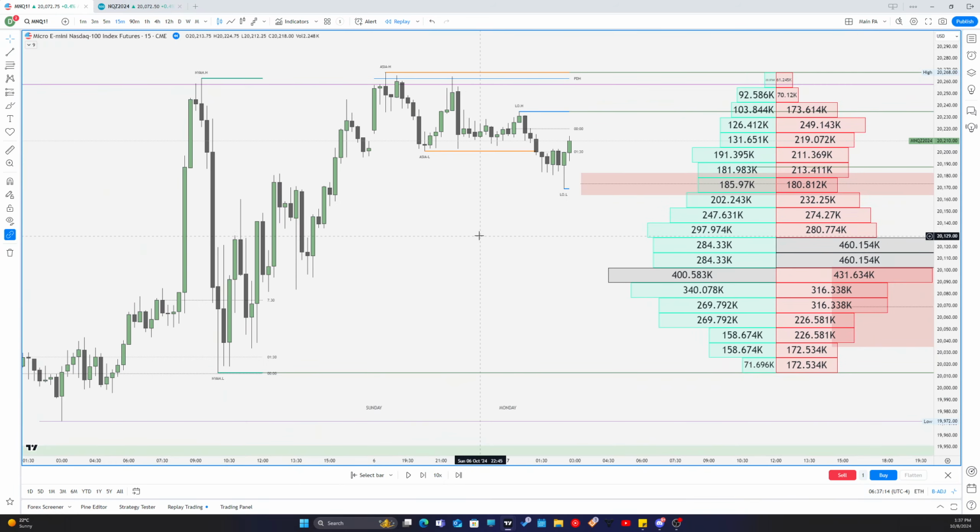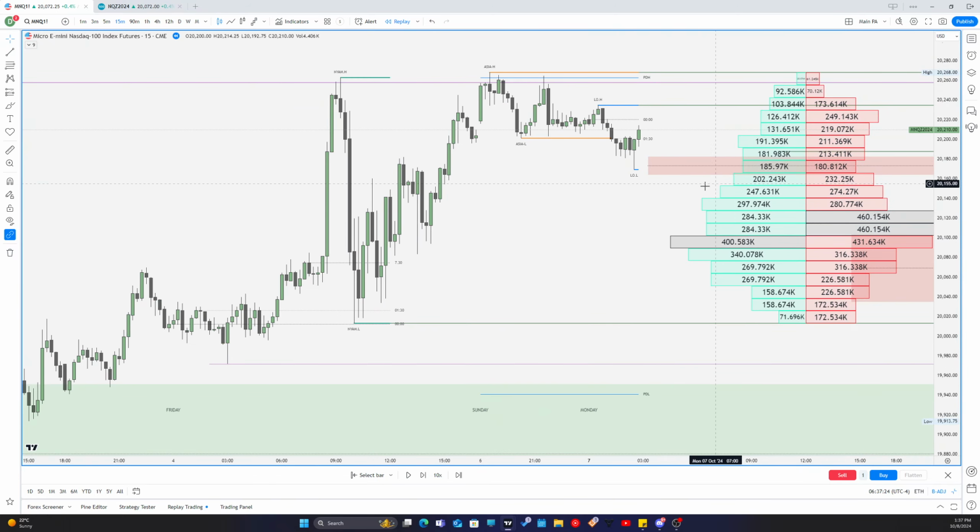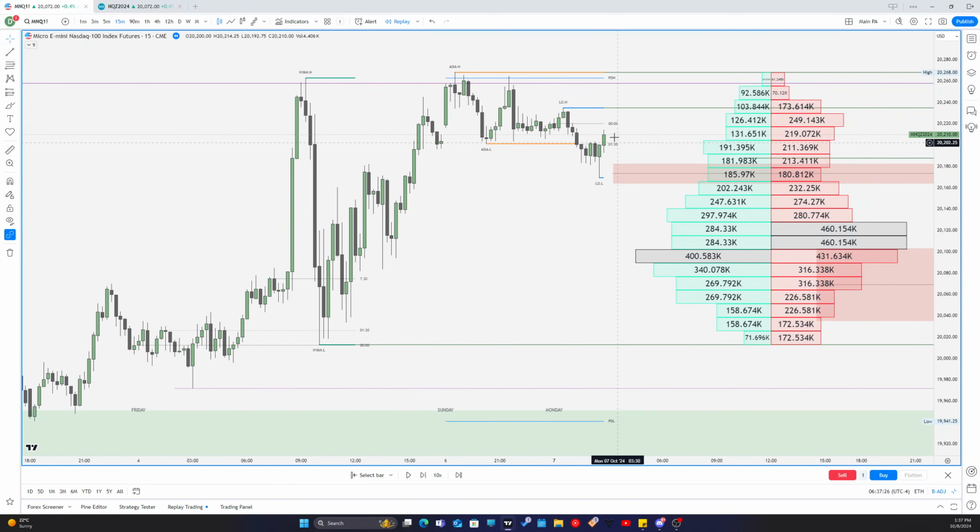So if we look at the range here, I was expecting to go higher on the week to take the highs here, but being a Monday, I was expecting for price to retrace and possibly form the low of the week.